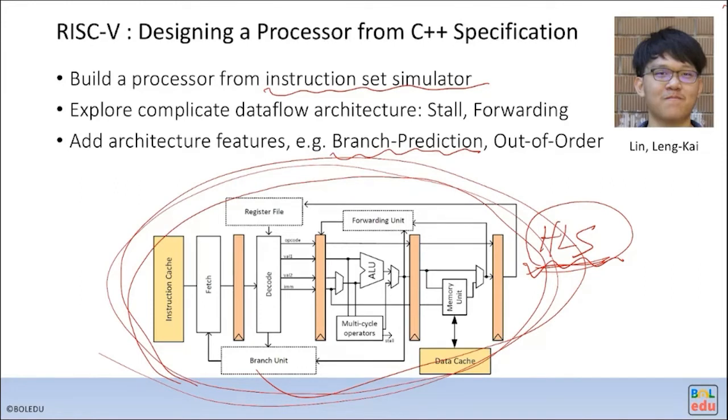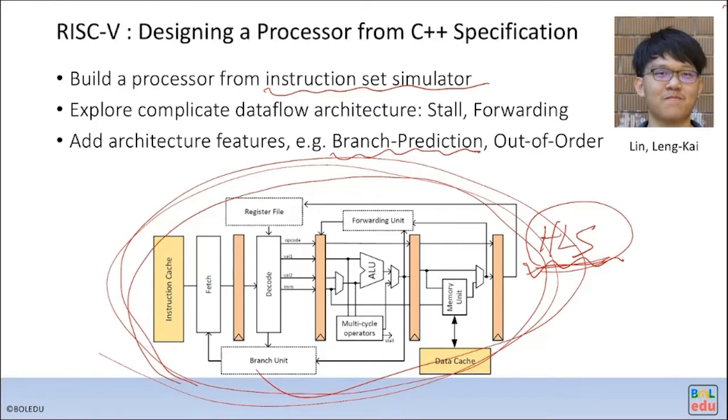Yeah. So this is also a very interesting project. So if you have a RISC-V written in C++, then you can do a lot of interesting work with this RISC-V processor at hand. Yeah.